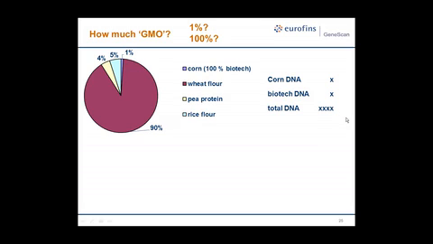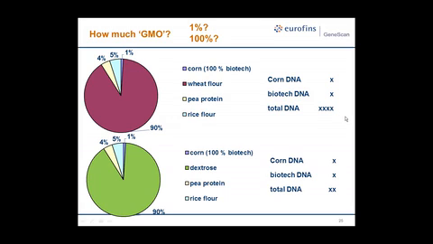Why is this useful and interesting? Well, say you take the exact same corn and you put it into a different product that instead of having wheat flour with a lot of DNA has sugar, which has very little. If you do a quantitation of corn DNA or biotech DNA to corn DNA, you get the same number in both of these products.